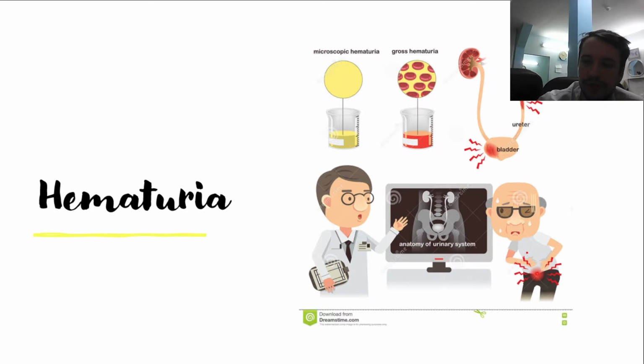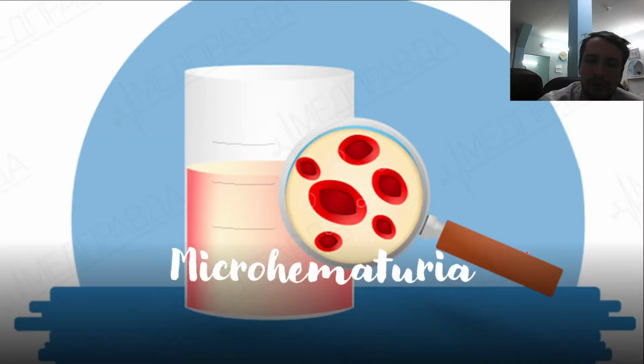Hematuria. This is the presence of blood in the urine. Hematuria can be micro- and macrohematuria. When we talk about microhematuria, the color of the urine does not change, and we can find blood only under microscopic examination.